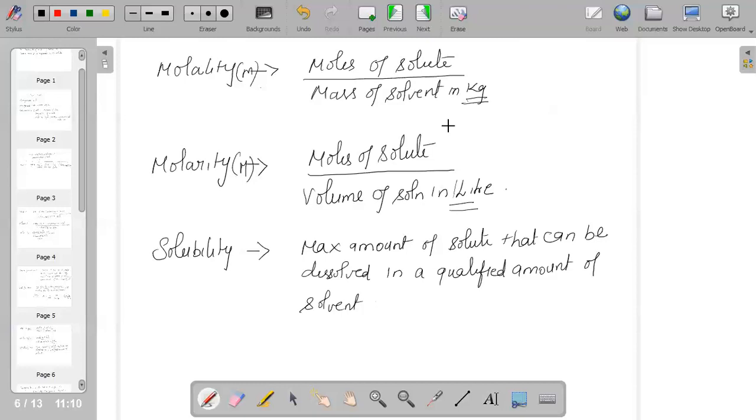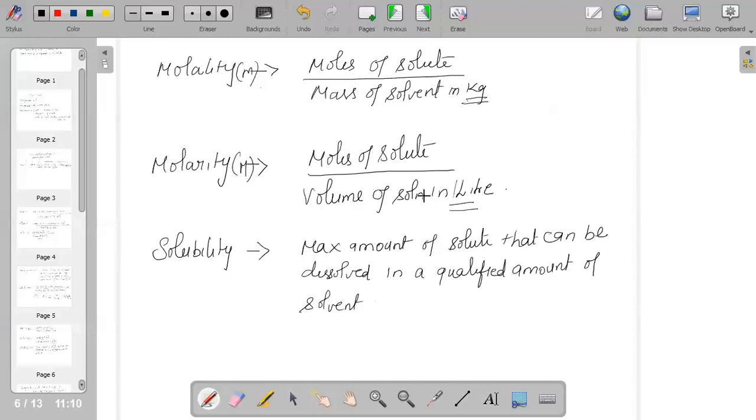And what is solubility? Solubility is a physical property of a solution, a measure of the maximum amount of solute that can be dissolved in a given amount of solvent.